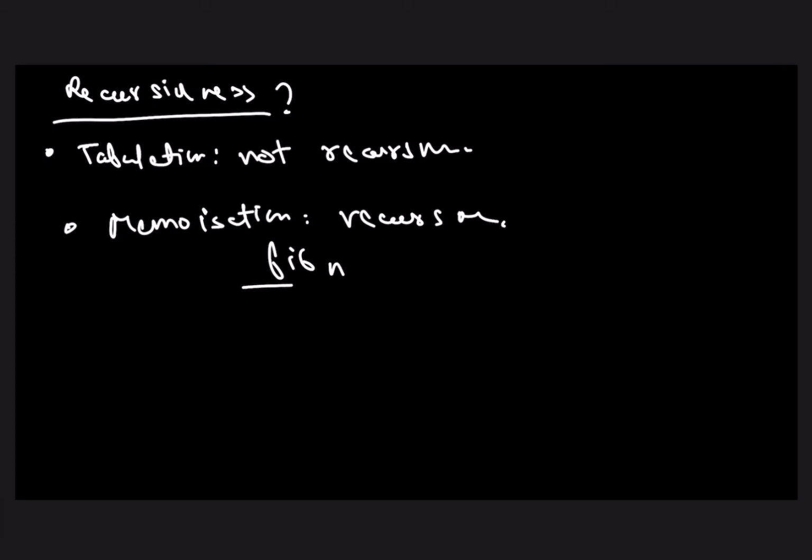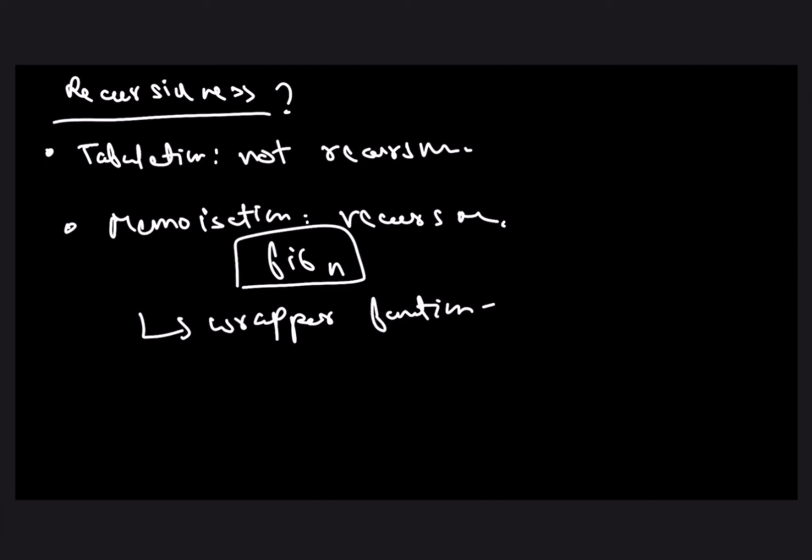All right, so whenever you want to perform memoization, you create a wrapper function. Let's say you want the value of dp of n. In this wrapper function, you pass in the value of the state.